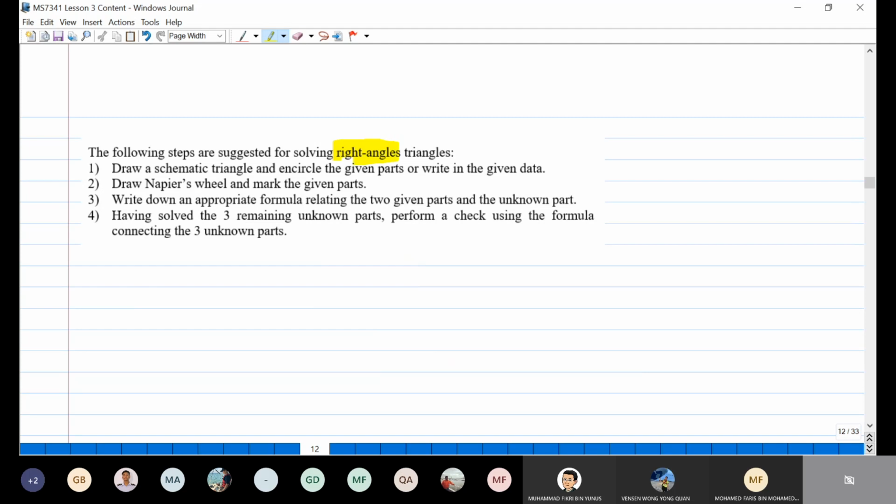For a right angle triangle, you trace the circle, write down the given parts, and then you can draw a Napier's view. From the Napier's view, you see what formula you need to use for the unknown part. Usually you have 3 remaining parts.